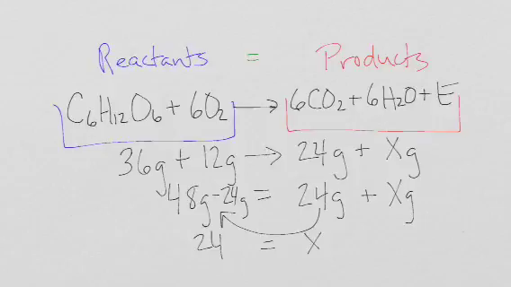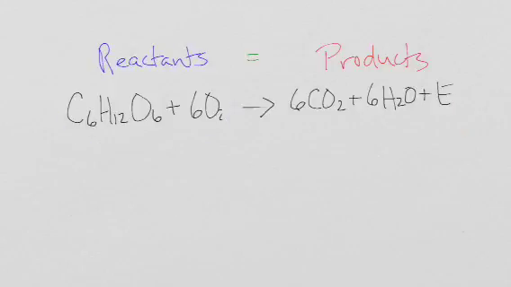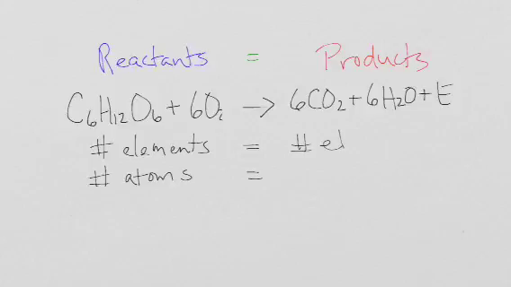Another way comes with balancing equations. When we look at balancing equations, having an equation that is balanced means it's going to have the same number of elements and the same number of atoms on both sides.